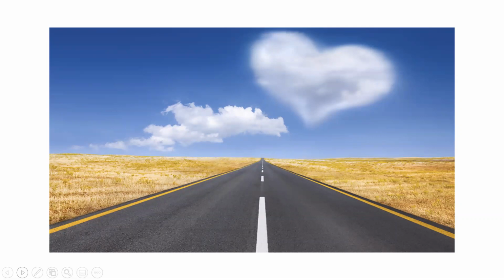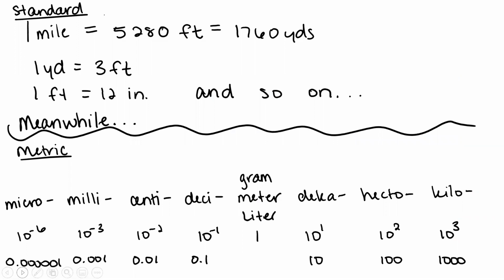A conversion factor is a number that is specific to a unit, and it signifies that this is equal to another value for another unit. For instance, 1 mile is equal to 5,280 feet. That is a single conversion factor because you're saying that there are 5,280 feet in this 1 mile, and vice versa.